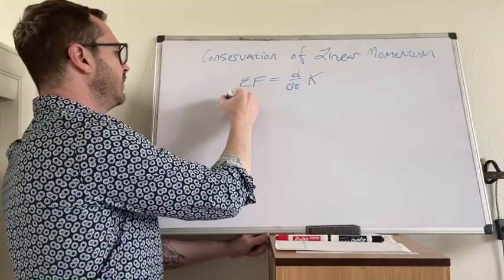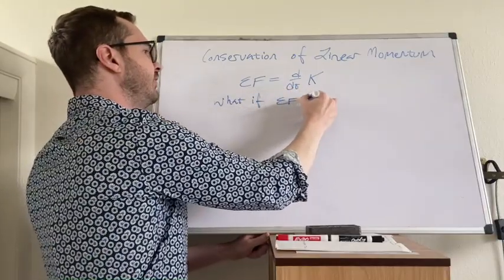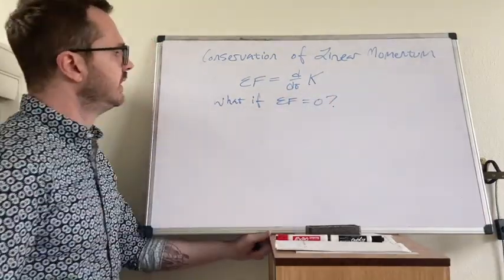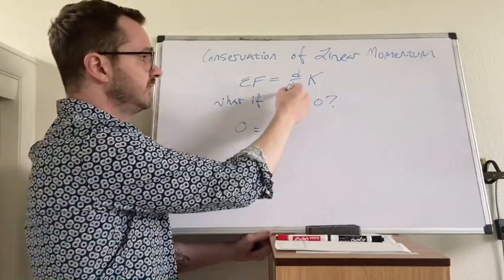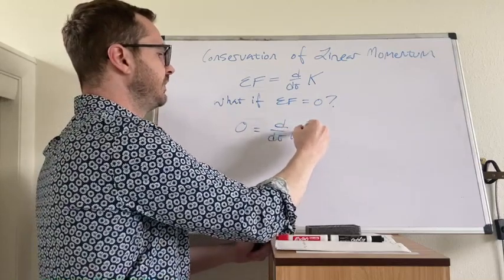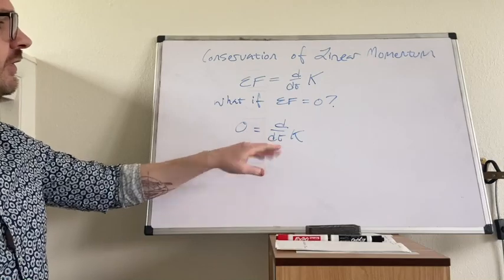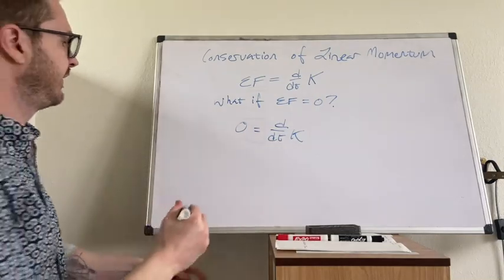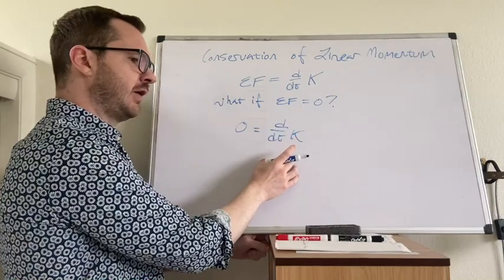So, what if the sum of forces equals 0? Well, then d/dt of k has to equal 0. If d/dt of k is equal to 0, that means that there's no change in k, right? This is the derivative of k with respect to time.